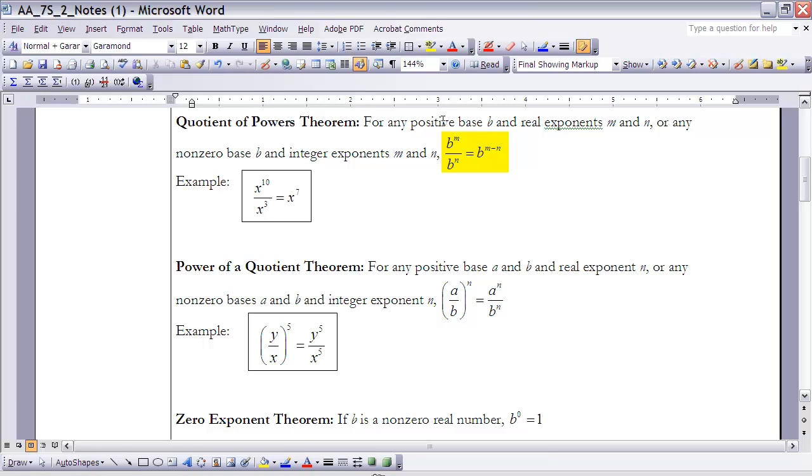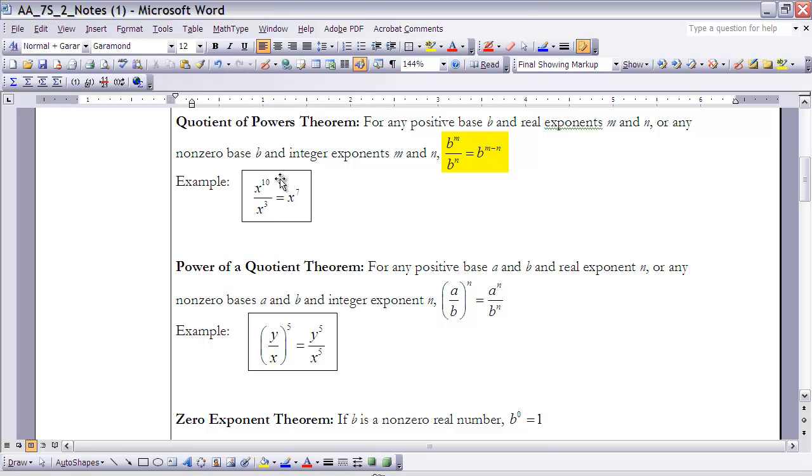So b to the m over b to the n is equal to b to the m minus n. In other words, I'm just going to subtract those exponents. So if we look at our example here, x to the 10th over x to the 3rd, I'm just going to take x to the 10 minus 3, or x to the 7th power.